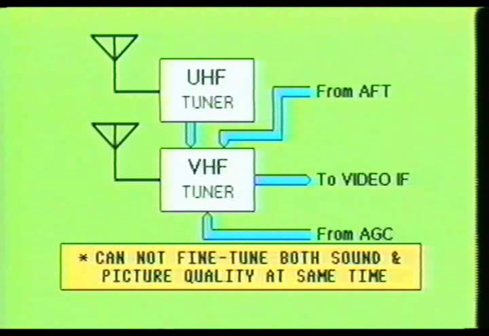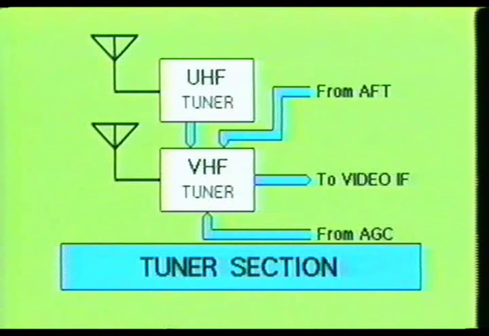Defects in the tuner can also cause the picture and sound to be located at different fine-tuning settings. As you can see, tuner defects can create a number of symptoms within the receiver. These defects may be caused by a component which has changed value, a failed component, poor solder joints, or poor connections at the input of the tuner stages.